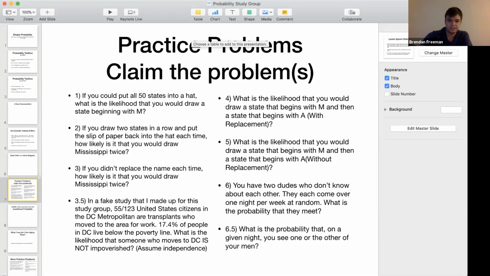Do you have to like annotate to do that? I mean, preferably. Unless you want me to claim a problem for you.